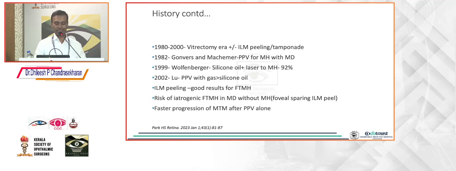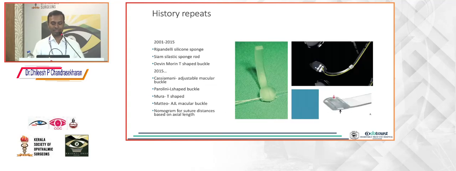And a recent study by Park has suggested that if you do PPV alone, the myopic tractional maculopathy actually progresses faster than otherwise in a normal eye. And because of these limitations, people started coming back to macular buckles and combined surgeries. Several newer designs came up which tried to shift the sutures away from the macula as far as possible and still give adequate pressure at the macula.